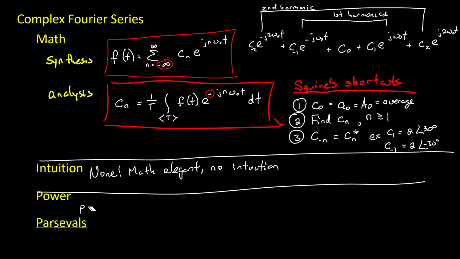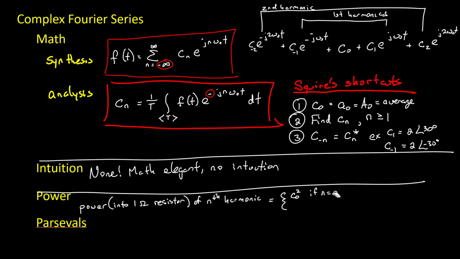If we think of the function f of t as a voltage that's going into a 1 ohm resistor, then the power that resistor is dissipating of the nth harmonic is equal to c sub naught squared if n equals 0.